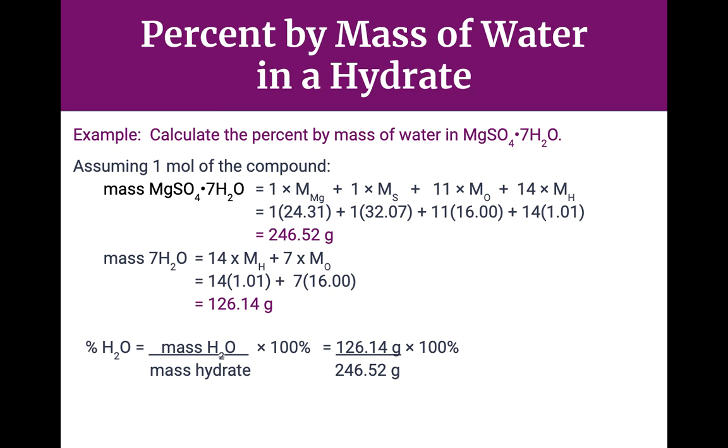So 126.14 grams divided by 246.52 grams times 100% gives us an answer of 51.168%. And if you look at those 2 masses that we've used in this calculation, they both have 5 significant figures, which means our answer should have 5 significant figures.